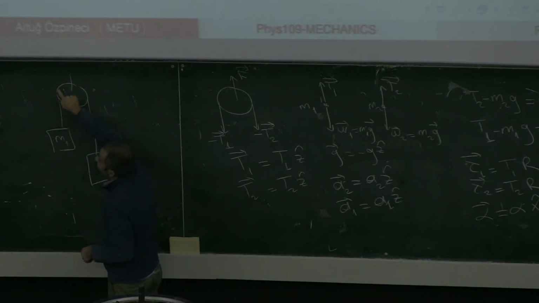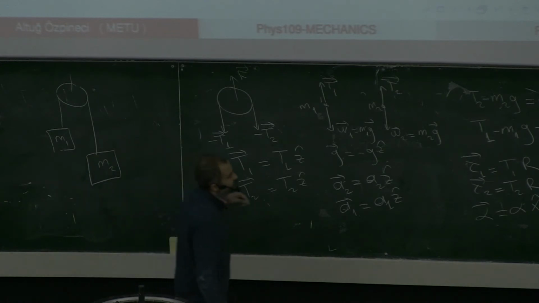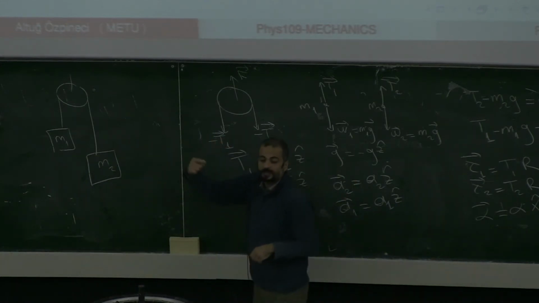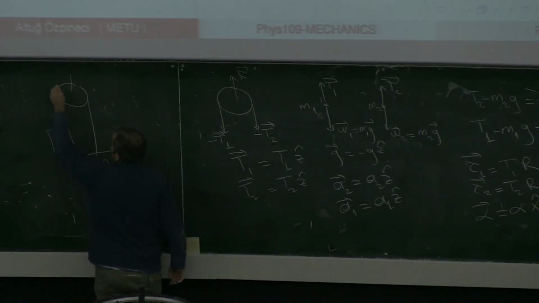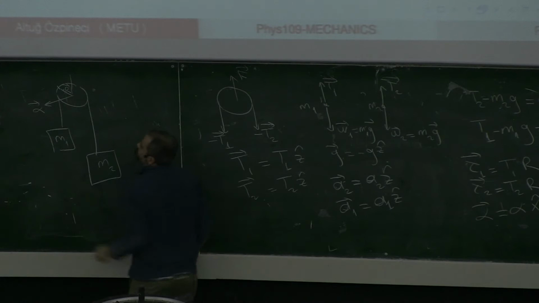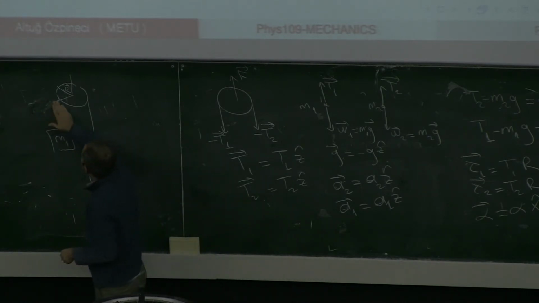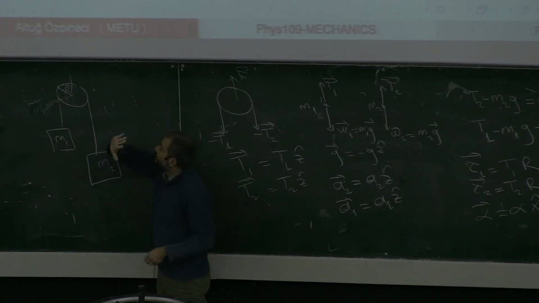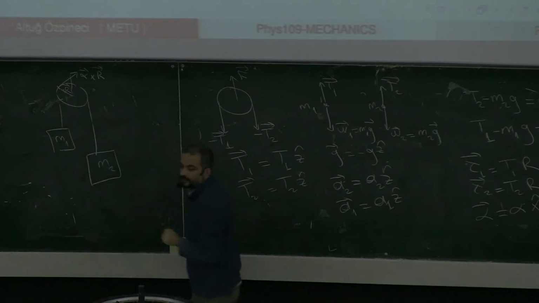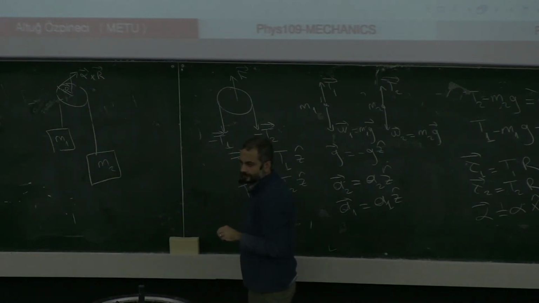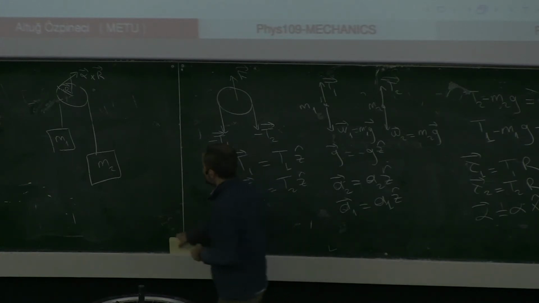So let me just say alpha is in this direction. Let me take this point. This is my R vector. This is the alpha vector pointing out of the blackboard. R cross alpha is in this direction. This is my R cross alpha vector.